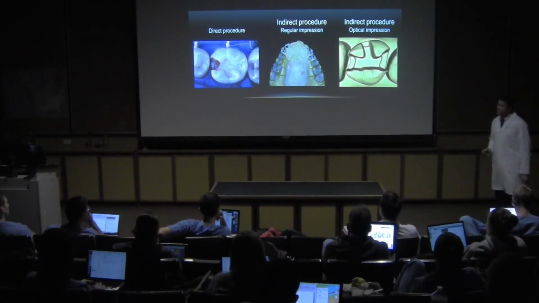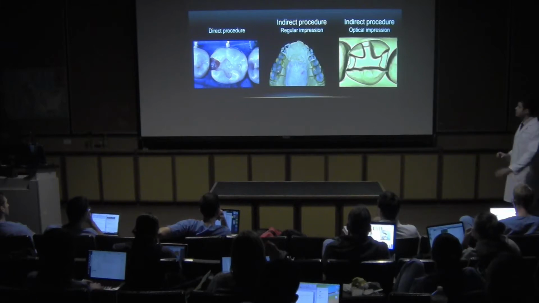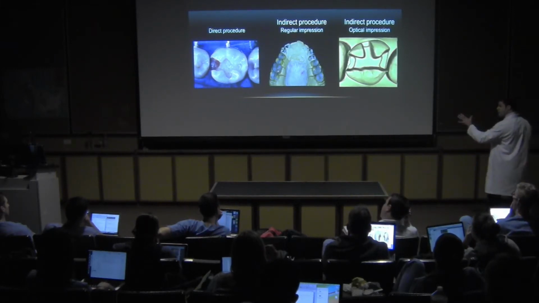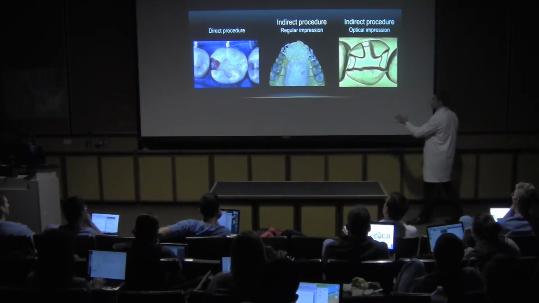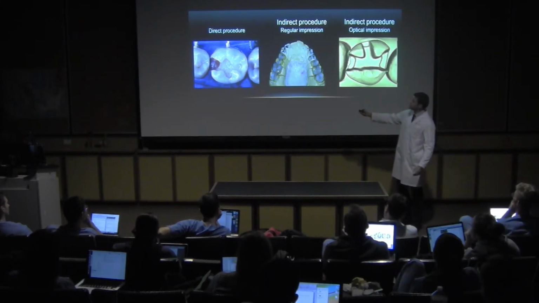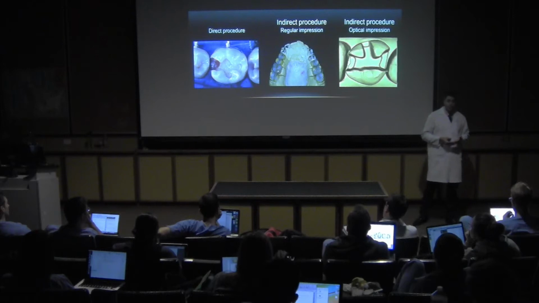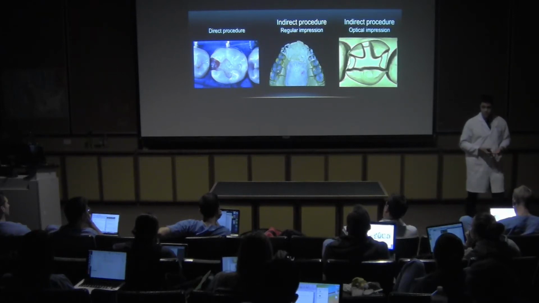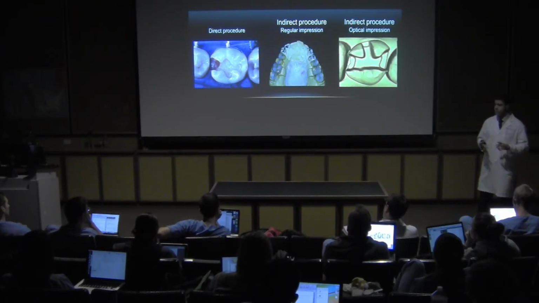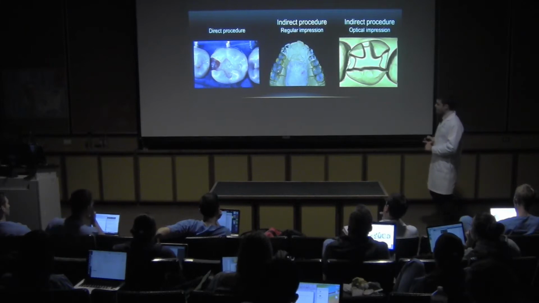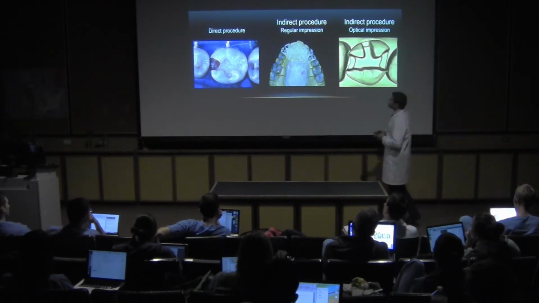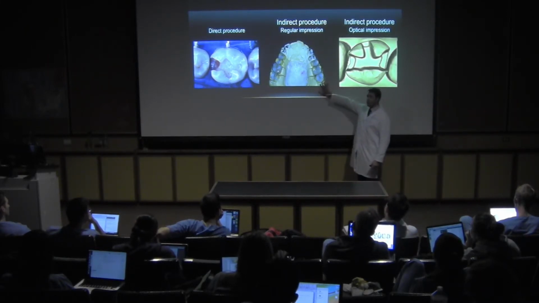So here we can see the difference between these two ways of doing restorations. Direct procedure, where we are going to work inside the mouth, we are going to create these restorations. If it's an amalgam or if it's composite resin, doesn't matter. If I'm going to do an indirect procedure with regular impression, I have the plaster model.